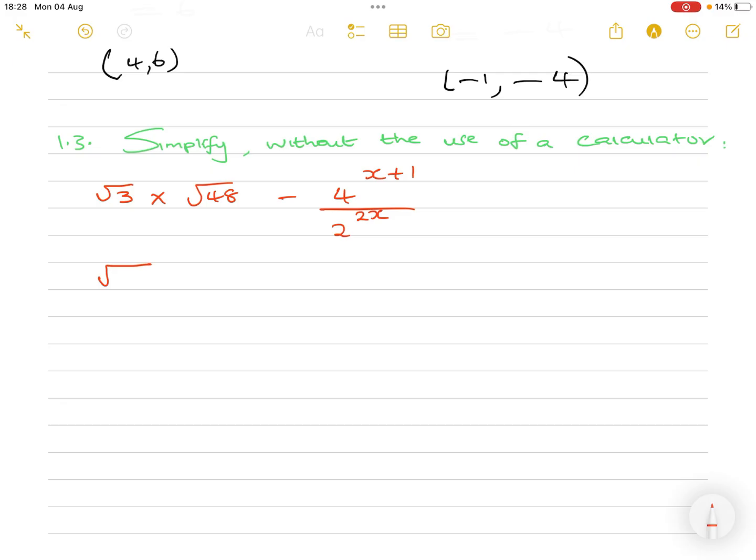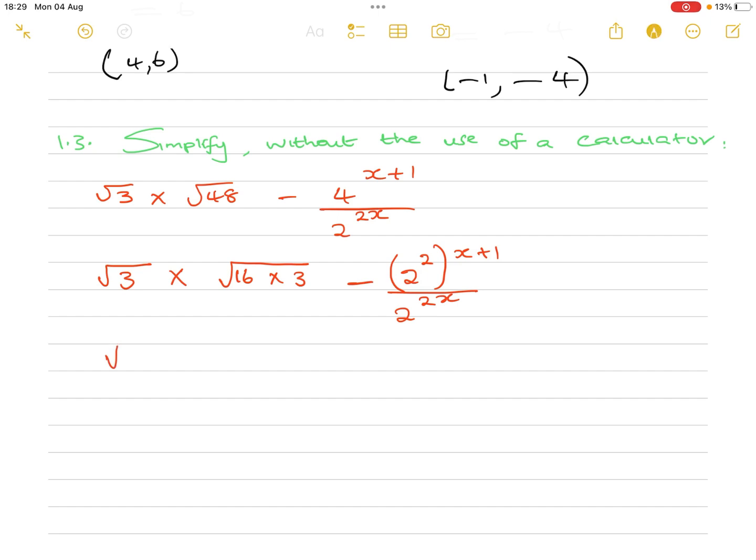Okay, there's nothing that you can do with the root 3 times it as 16 times 3 minus, if you take a closer look here, in order to use some laws of exponents, because I see that I'm working with powers now, right? So there's a base and exponent. I can rewrite 4 as a power of 2, 2 to the power of 2, okay, x plus 1 divided by 2 to the power of 2x.